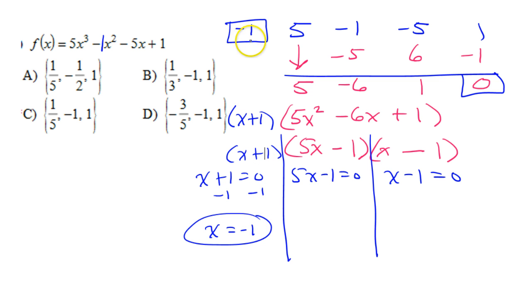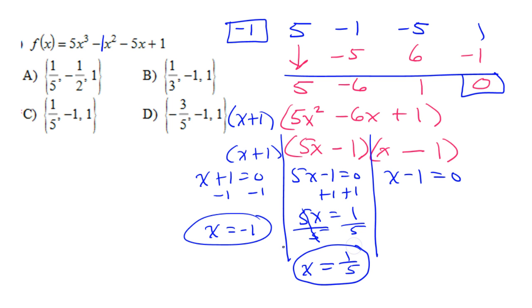Okay, I already knew that because I got that off my calculator in the first place. Adding 1 to both sides, I have 5x equals 1. Dividing by 5, that gives me x equals 1/5. So that's a new 0. So I have negative 1 and I have 1/5.